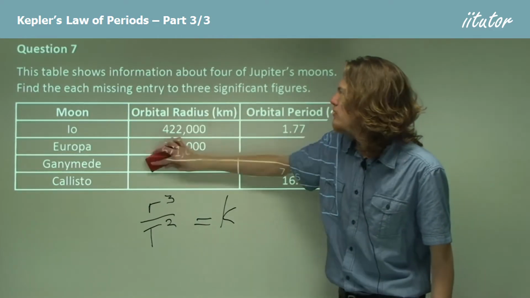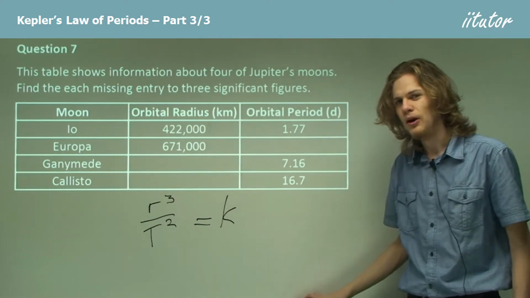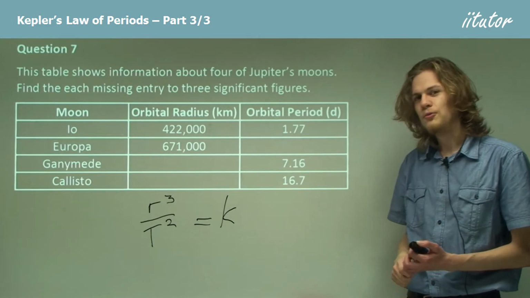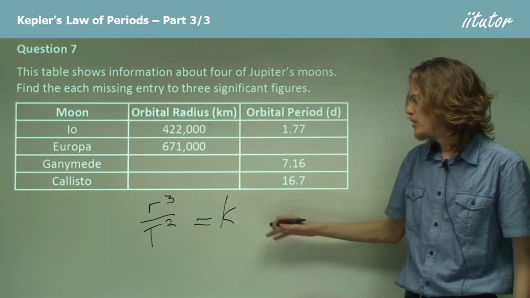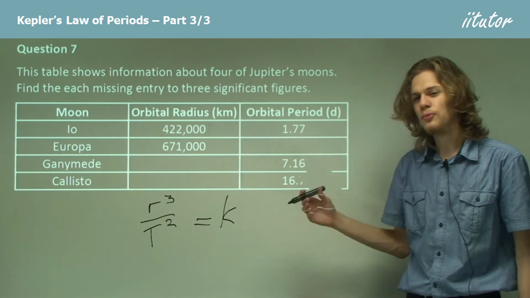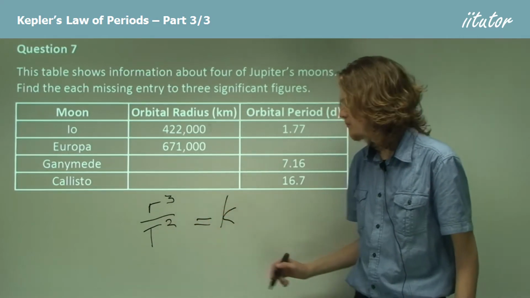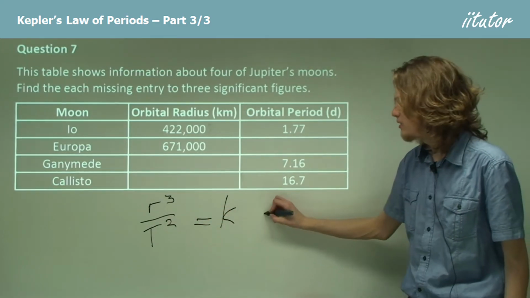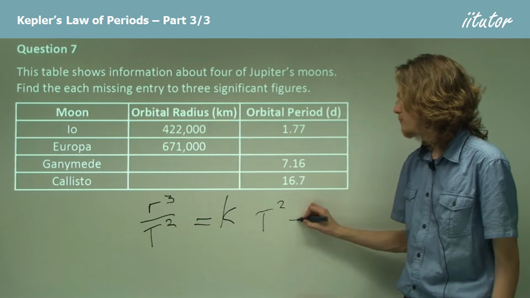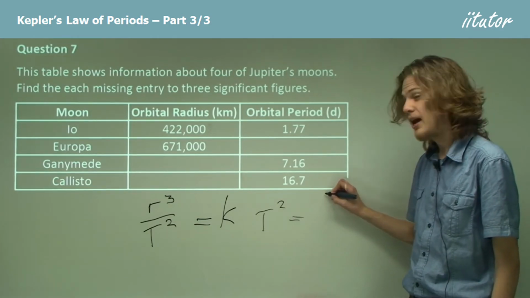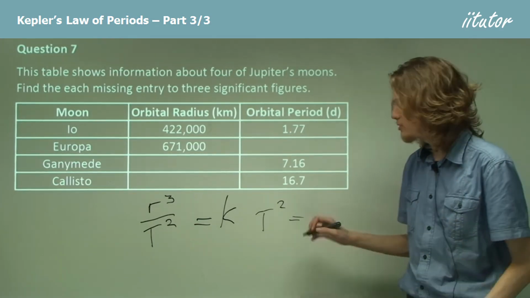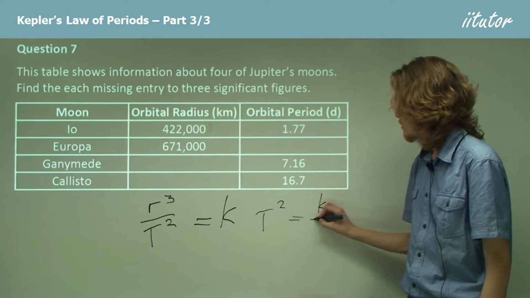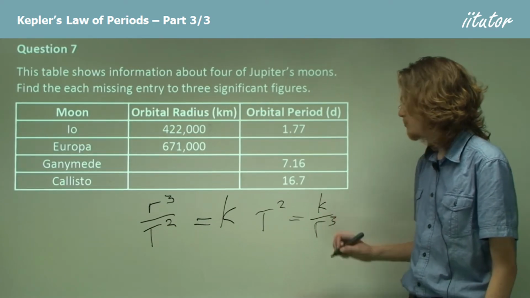For Europa, we're given an orbital radius, right? If we have the orbital radius, then we can use this equation to figure out an expression for the period. We'll be able to see that T squared equals r cubed over k.